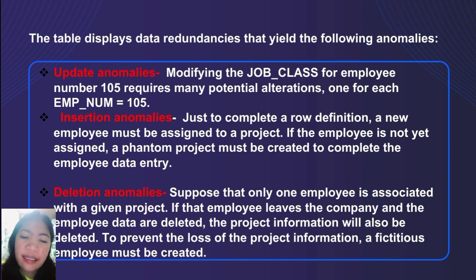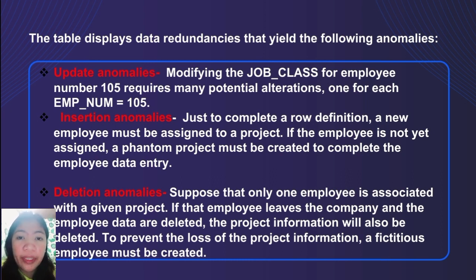Next are deletion anomalies. Suppose that only one employee is associated with a given project. If that employee leaves the company and the employee data are deleted, the project information will also be deleted. To prevent the loss of the project information, a fictitious employee must be created.